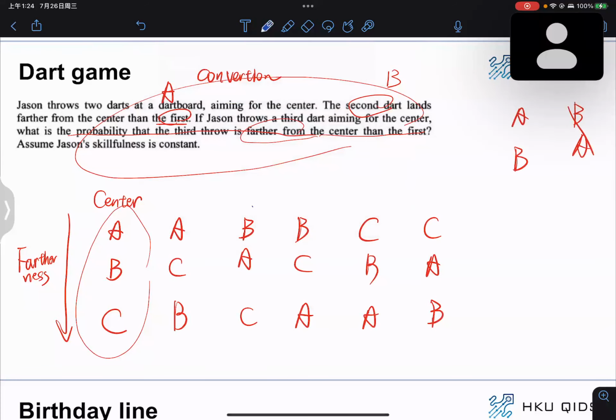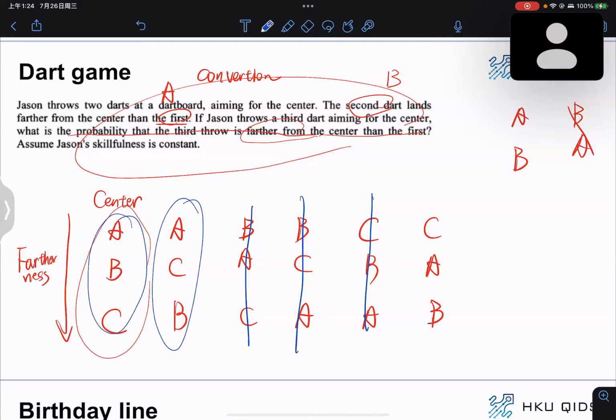So this one has been killed, this one has also been killed, and this one has also been killed. And for the 3 cases left, what can we see? For both ABC and ACB, C is further from the center than A, right? So in total, it is 2/3.